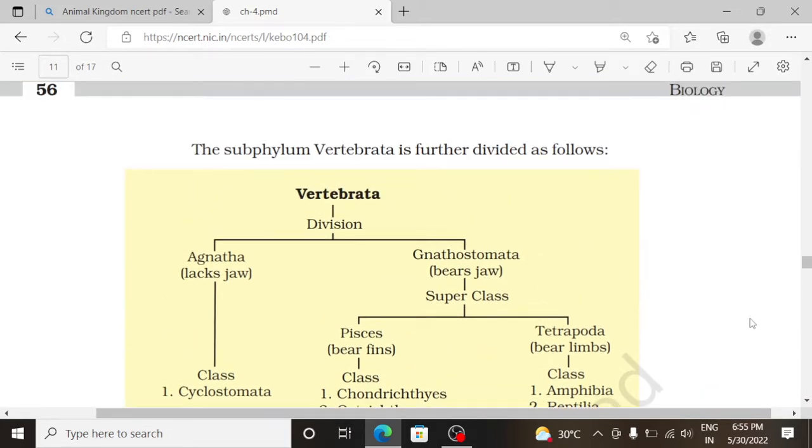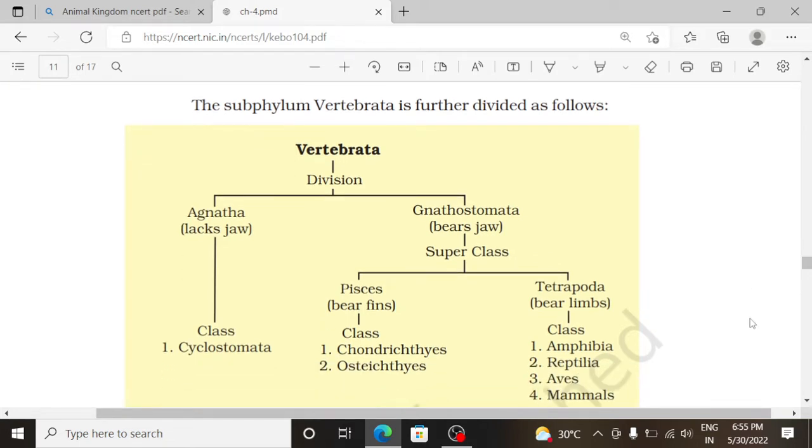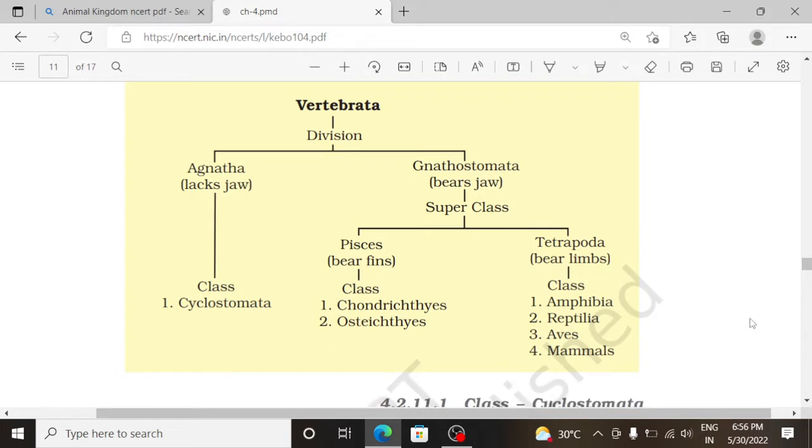The subphylum Vertebrata is further divided as follows. The Vertebrata is divided into Agnatha and Gnathostomata. So Agnatha lacks jaw and Gnathostomata bears jaw. Agnatha is classified into the class called Cyclostomata, and Gnathostomata is classified into Pisces and Tetrapoda.